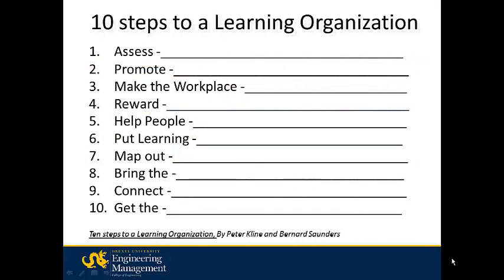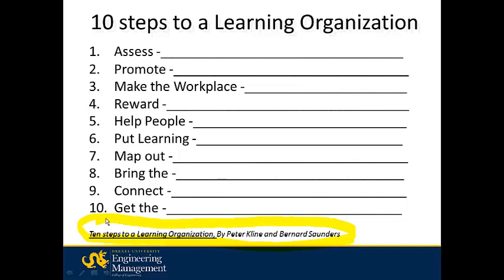Next, I'd like to talk about the 10 steps to a learning organization. This was developed by Peter Klein and Bernard Sanders in their book, 10 Steps to a Learning Organization.